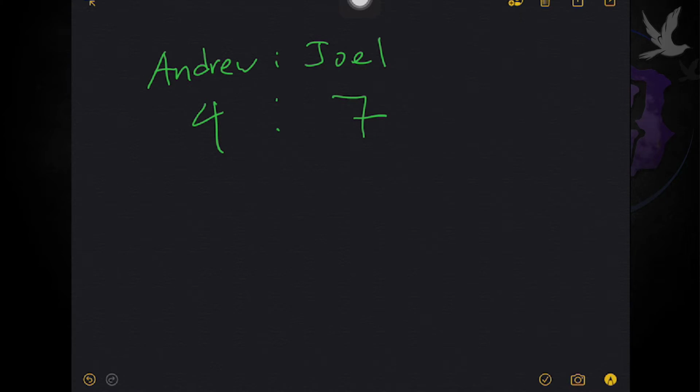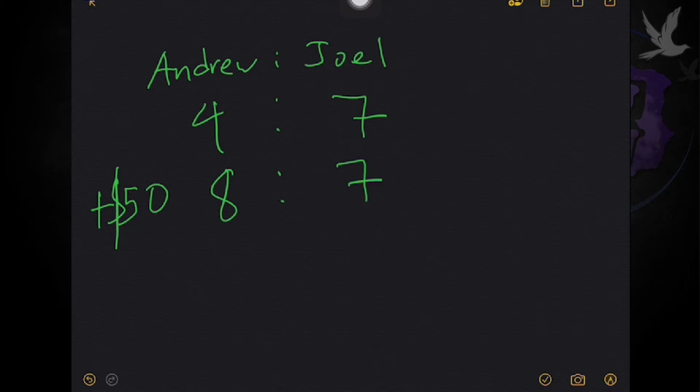Yung ratio nila. 4:7. Then, the moment that Andrew received $50 from his parents, the ratio became 8:7. So, ito yung ratio where $50 is added to Andrew's allowance.